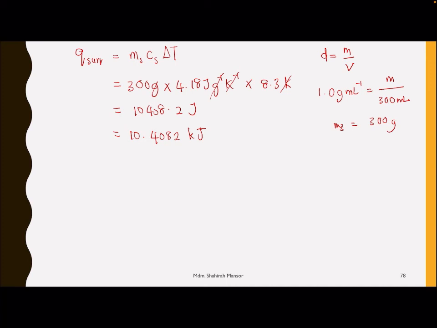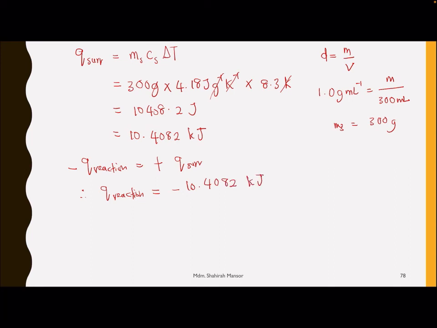So by using the formula, negative Q reaction equals plus Q of the surrounding. So the Q reaction, the heat released, equals negative 10.4082 kilojoule.